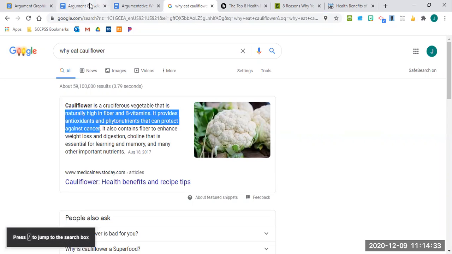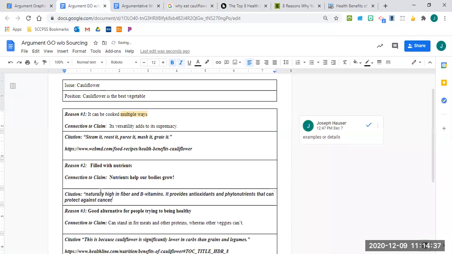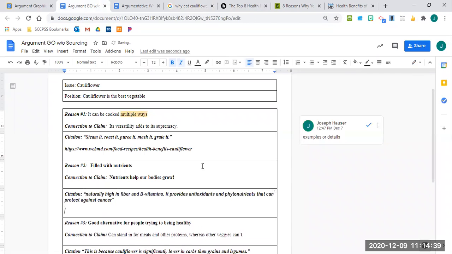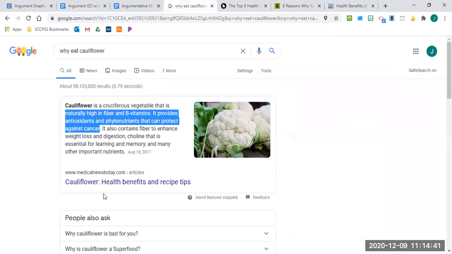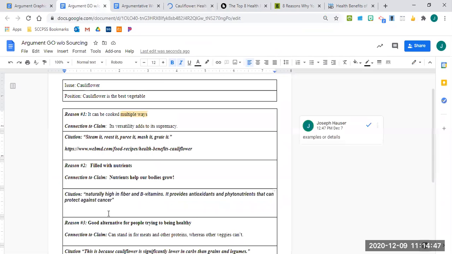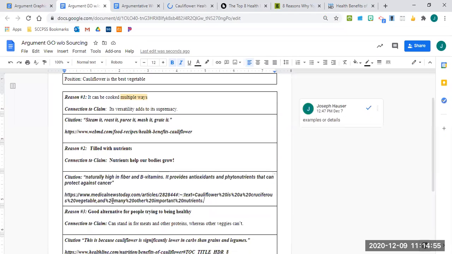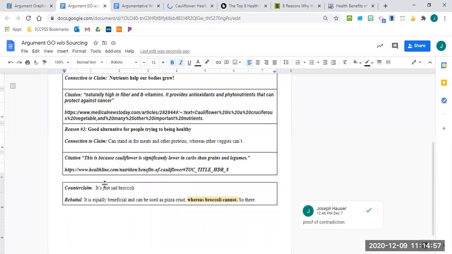Bam. And this can be found at Medical News Today, which sounds scientific. So in the course of 10 minutes, I was able to find my 3 or more quotations. It's just said, broccoli, does that need a counterclaim?